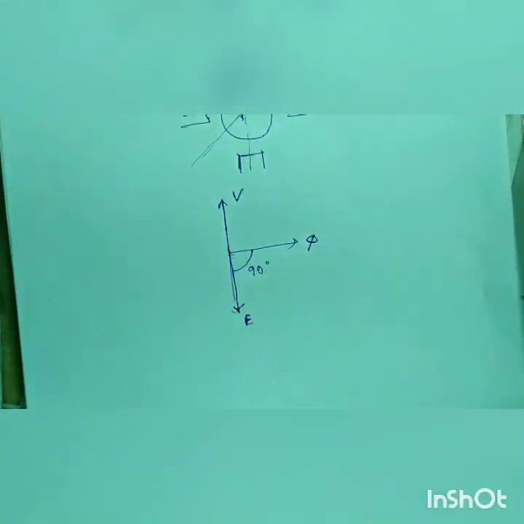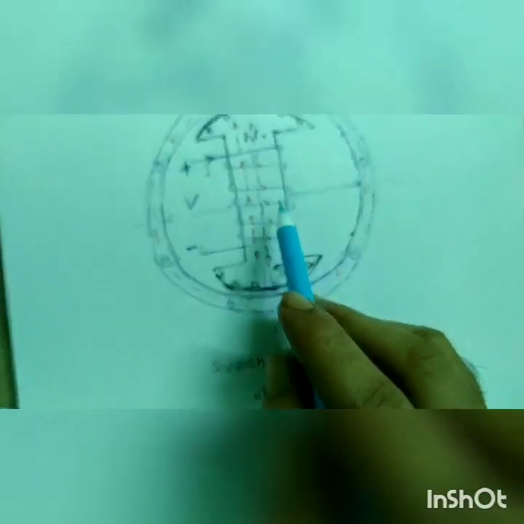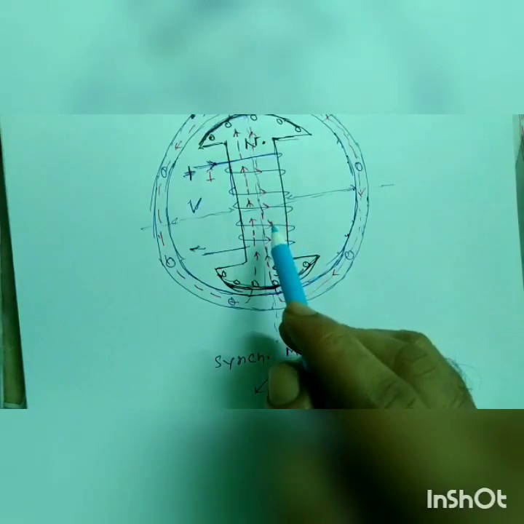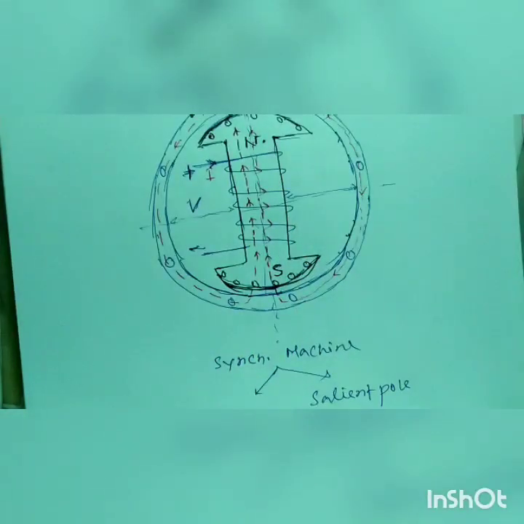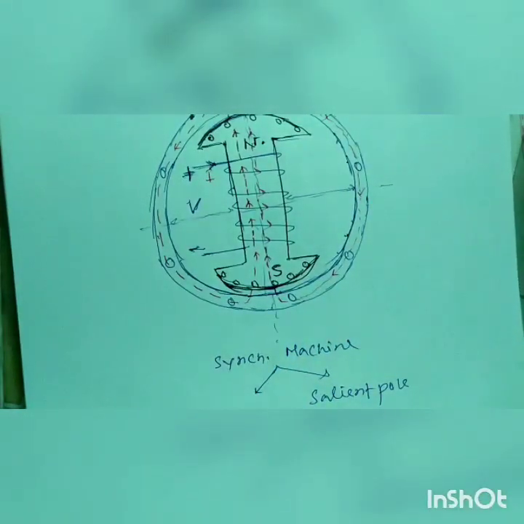Is it fine? So from here we can say that the angle between main flux and induced EMF will be minus 90 degrees, or you can say the induced EMF lags the main flux by 90 degrees.